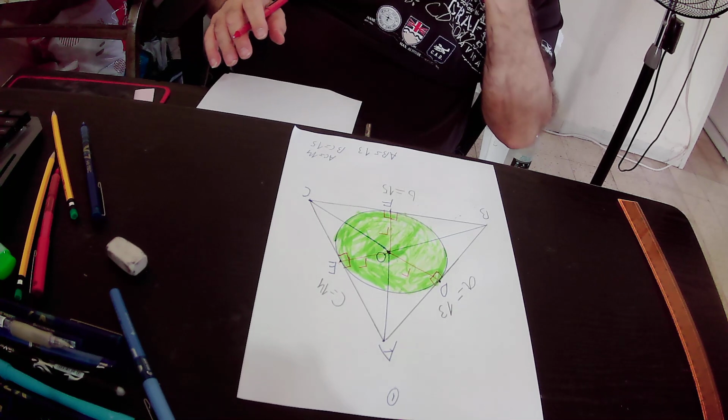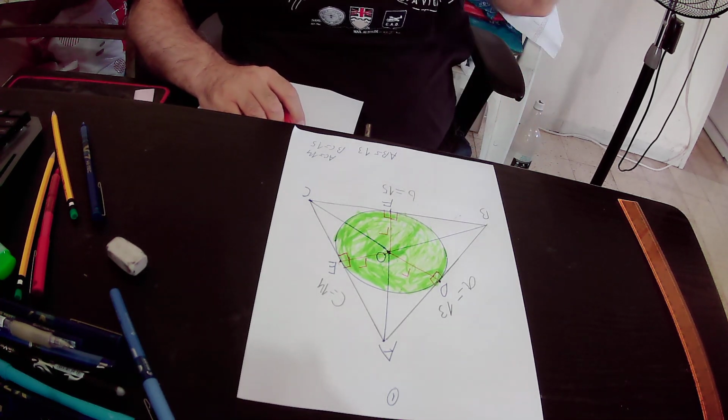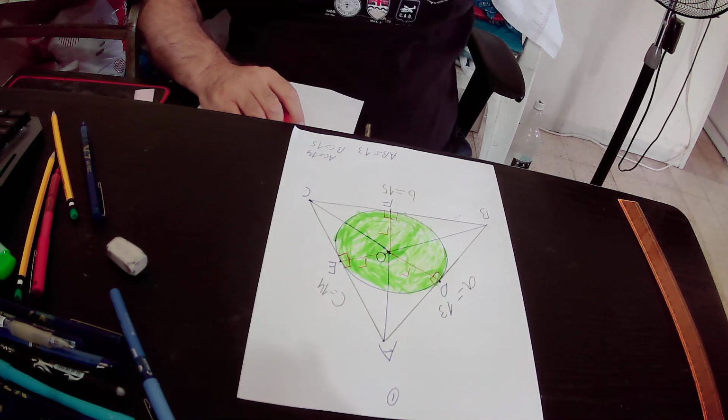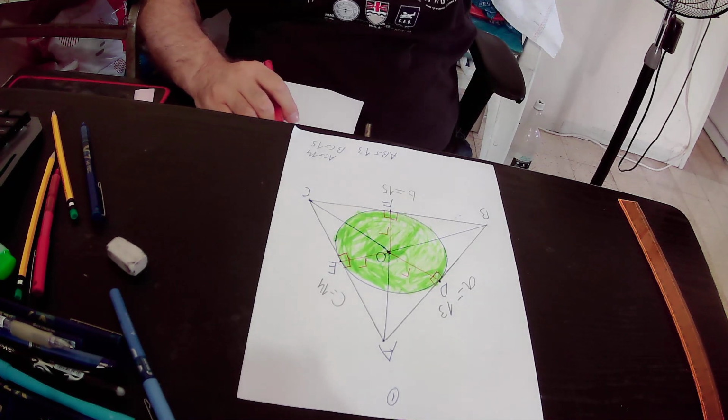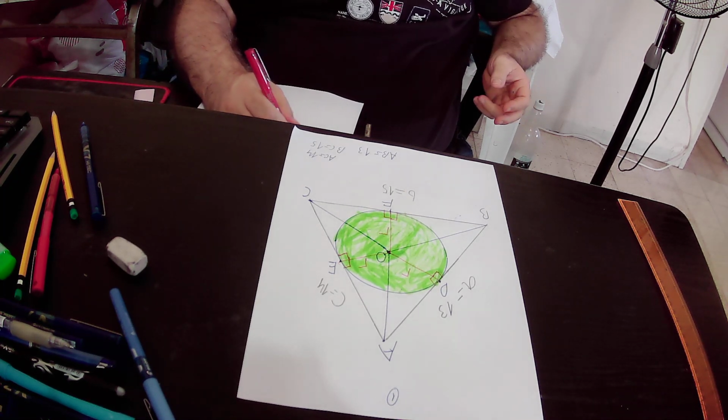Actually, we will use the law of cosines in order to find the area of triangle ABC. So what is the law of cosines?